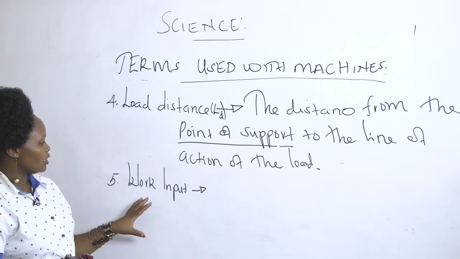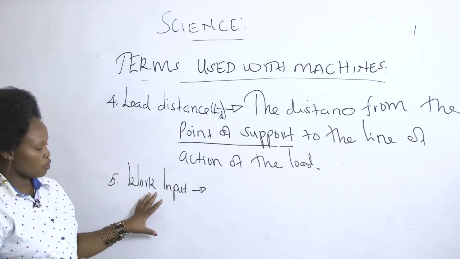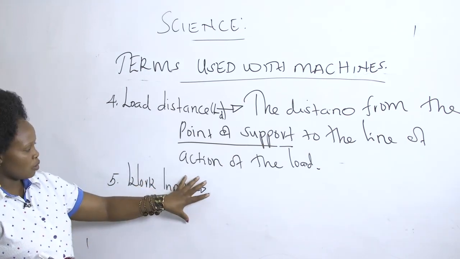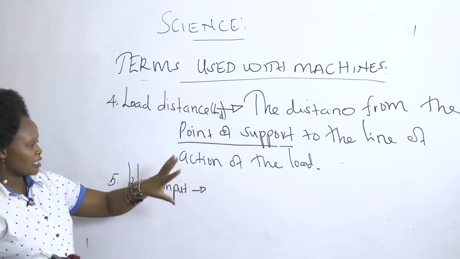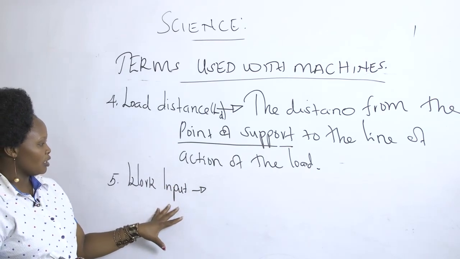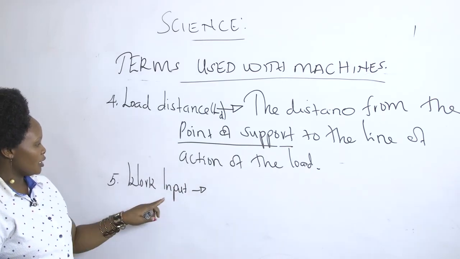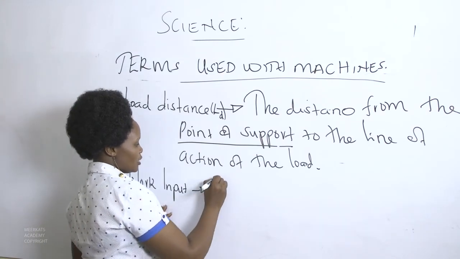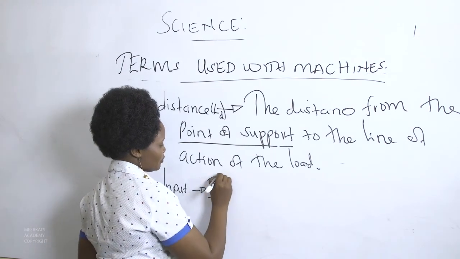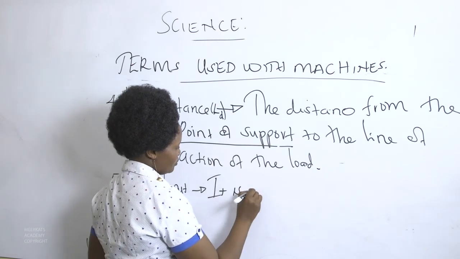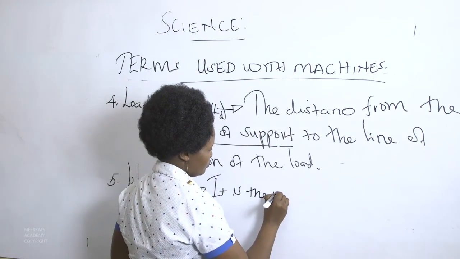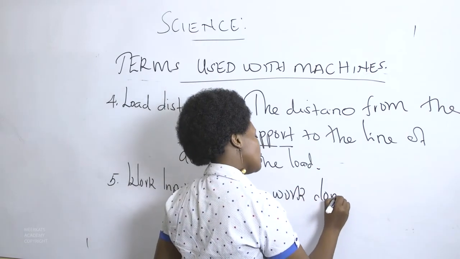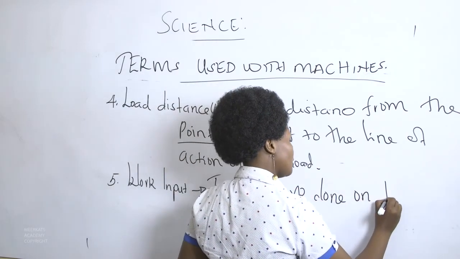Now, we have looked at the distance, which we called the effort distance. If the effort you apply on the machine is supposed to do some work on the machine, then work input is what we'll be talking about, and this is the work done on the machine.